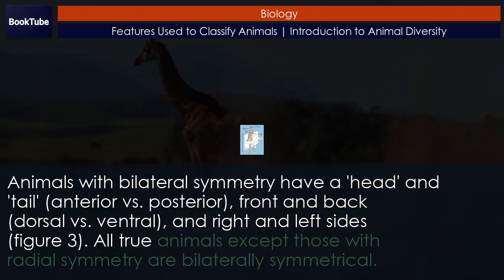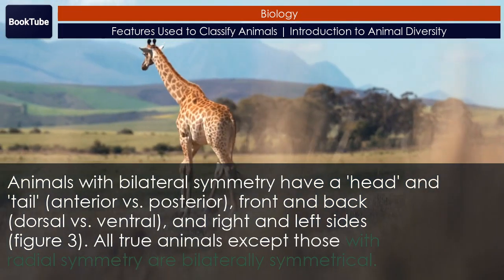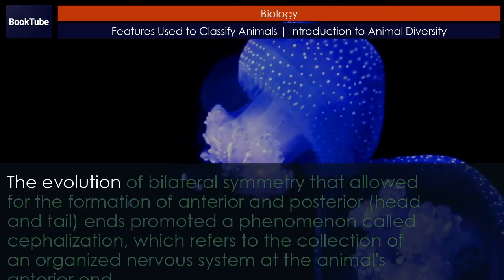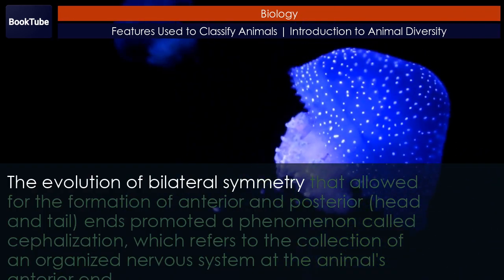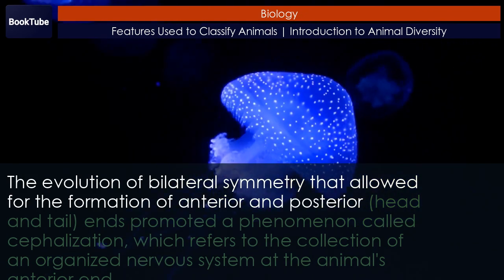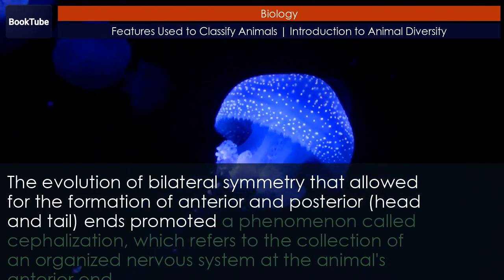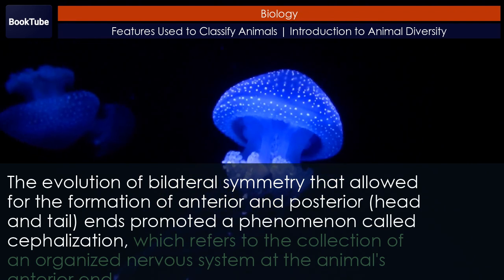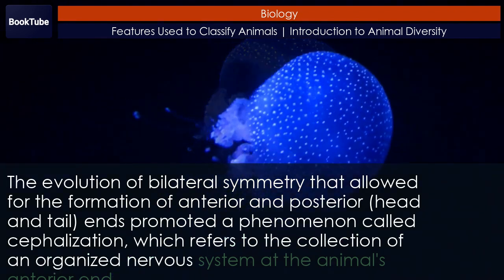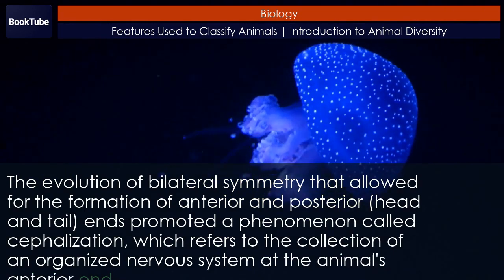Figure 3. All true animals except those with radial symmetry are bilaterally symmetrical. The evolution of bilateral symmetry that allowed for the formation of anterior and posterior head and tail ends promoted a phenomenon called cephalization, which refers to the collection of an organized nervous system at the animal's anterior end.